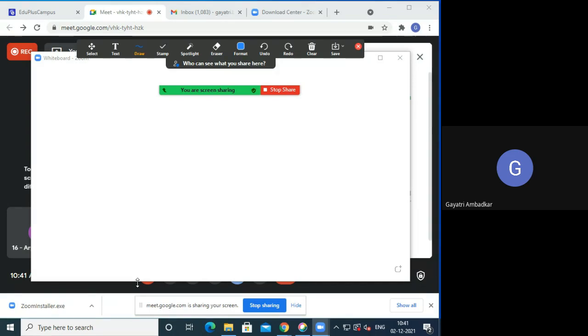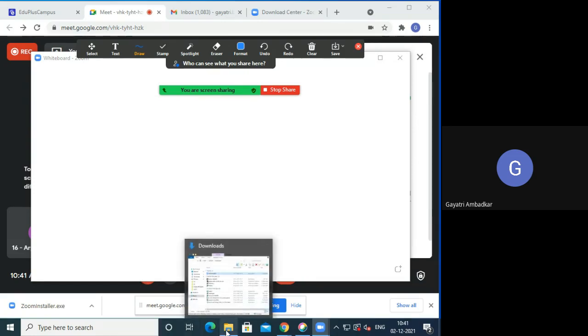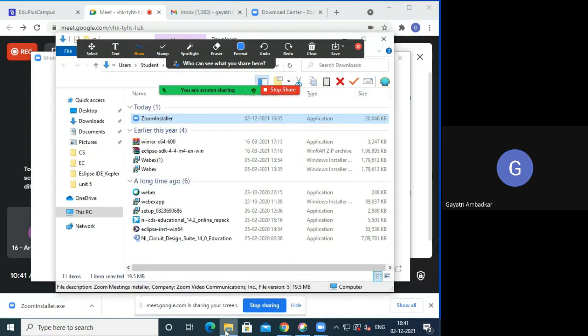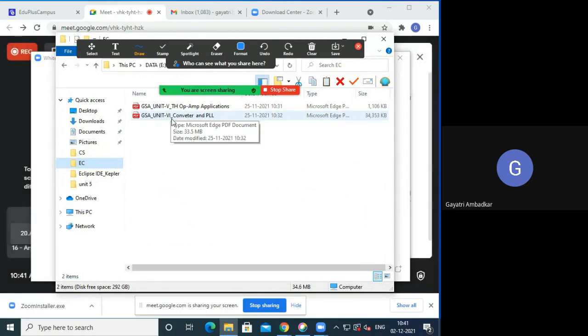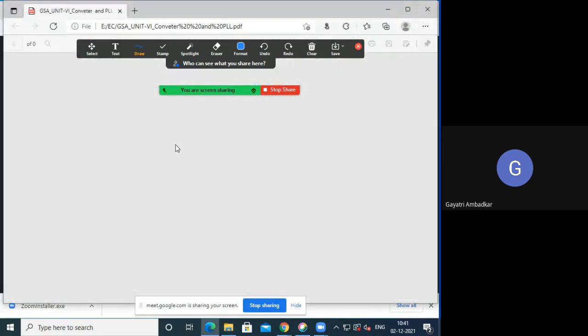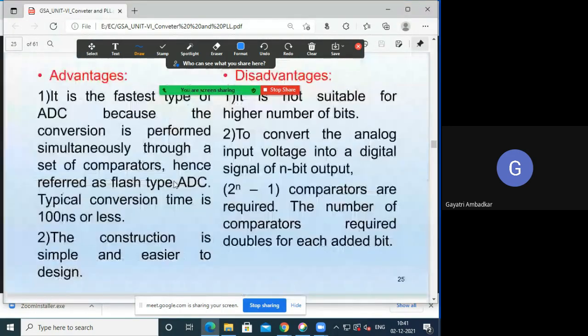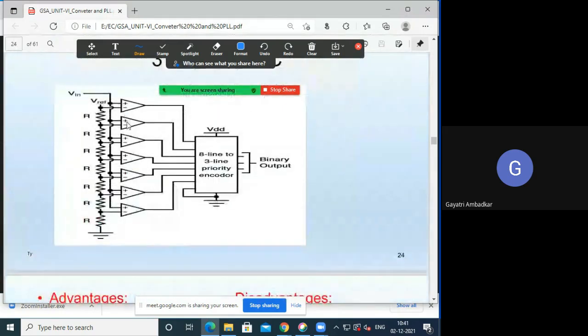In yesterday's discussion, we considered the comparator with 3 bits. Therefore, the number of comparators required was 7. In this example, 1, 2, 3, 4, 5, 6, 7. Why? Because this is a 3-bit ADC. So for 3, if you calculate 2^3, that will be 8, minus 1 equal to 7.